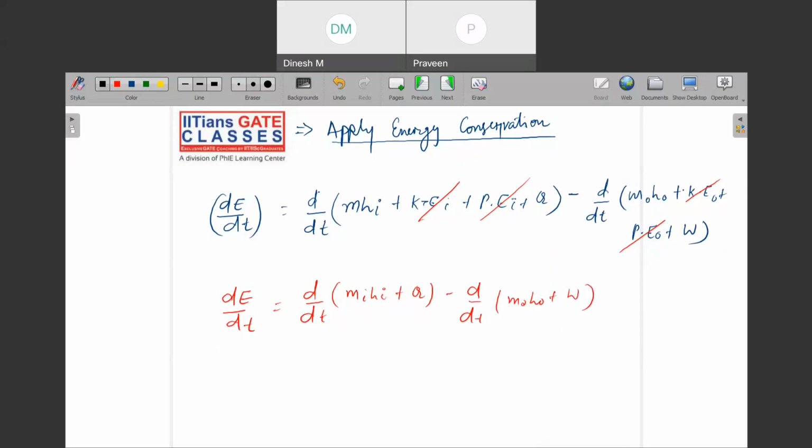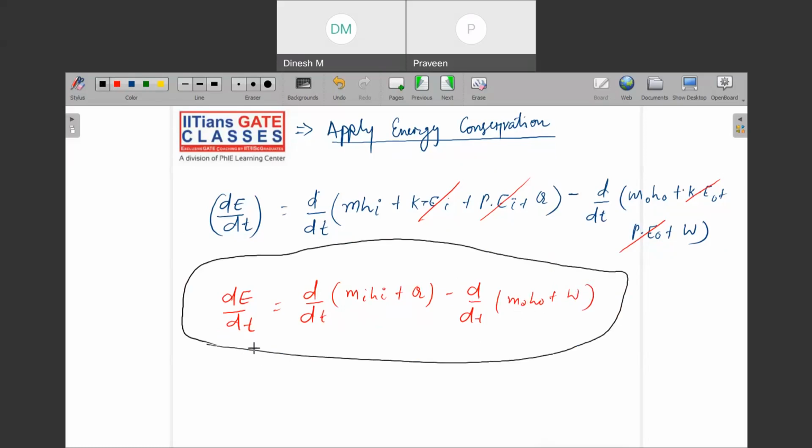So this is the generalized form and you can apply it to any given scenario in the exam.